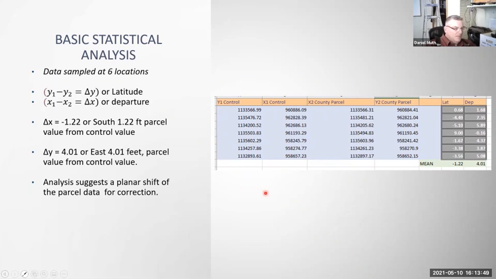So what I did was a basic latitude and departure analysis of each of the coordinate sites, just taking the difference in northing and the difference in easting. And when I did that, I found a planar shift of 1.22 feet in latitude and 4.01 feet in departure.